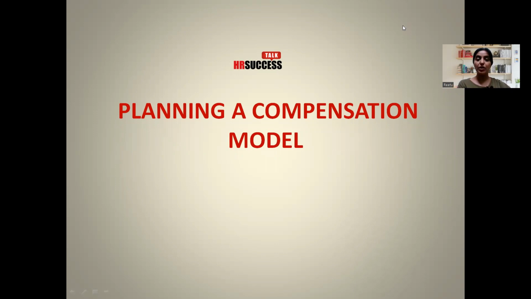Now we move on to another topic, which is planning a compensation model. This chapter is about understanding what goes behind creating a compensation model.